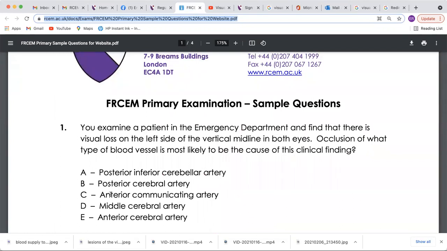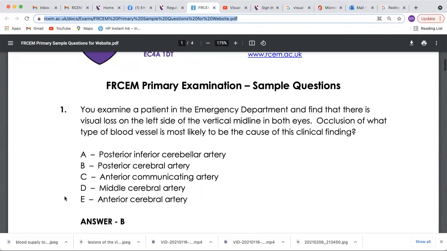Posterior cerebral artery is a possible answer. Anterior communicating artery, no. Middle cerebral artery goes to the Meyer's loop, and the anterior cerebral artery does not supply beyond the optic chiasm. So the answer most likely is the posterior cerebral artery, or also the posterior communicating artery plus the anterior choroidal artery.